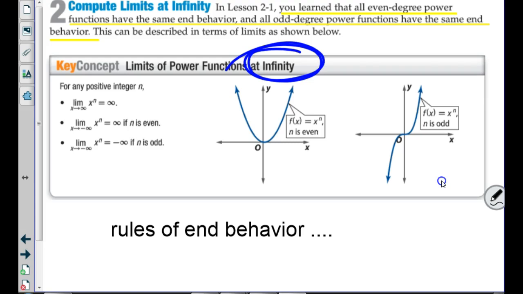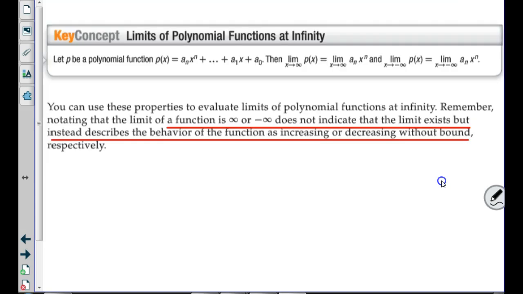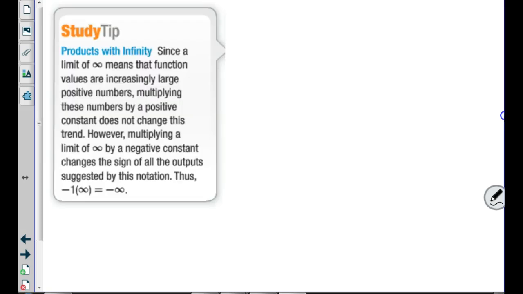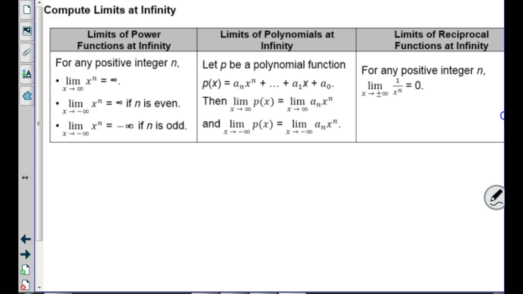All right, these are limits to infinity. And the question is, can you predict them knowing the degree? So end behavior, all right? If you have a polynomial function, the limit is infinity or negative infinity as it approaches infinity, as it increases or decreases without bound, and it depends which way, okay?